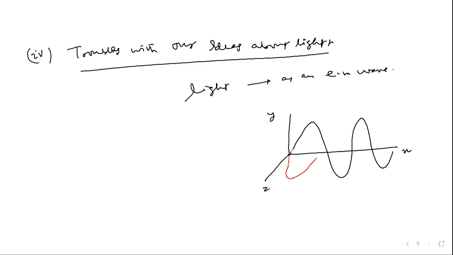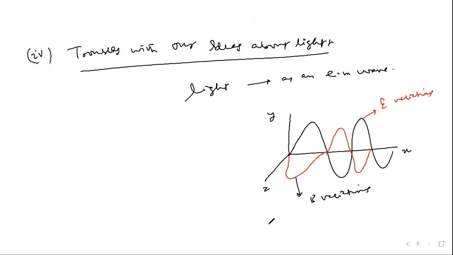And there are E variations, and these are B variations. B stands for magnetic field, E stands for electric field, right? So let these E variations be in the XY plane and B variations be in the XZ plane.